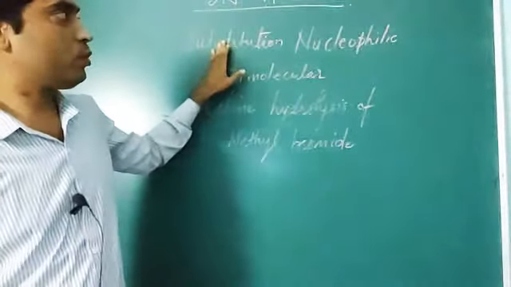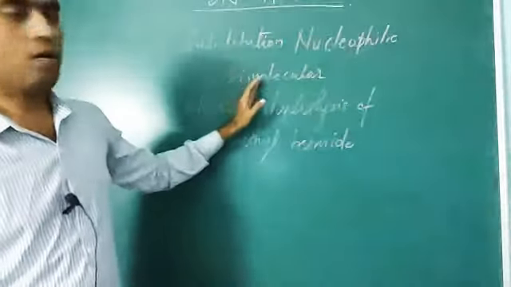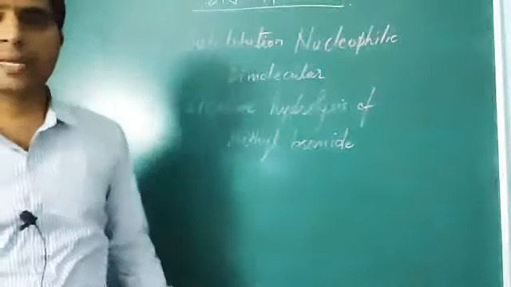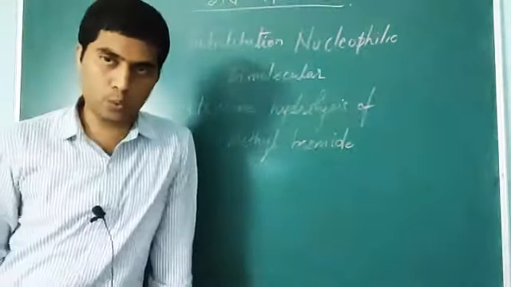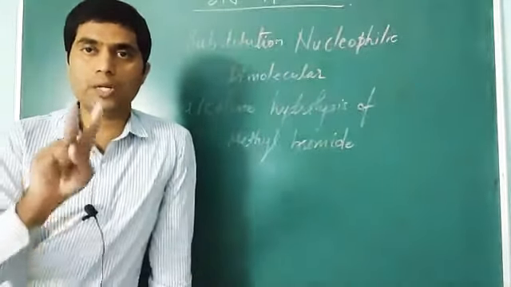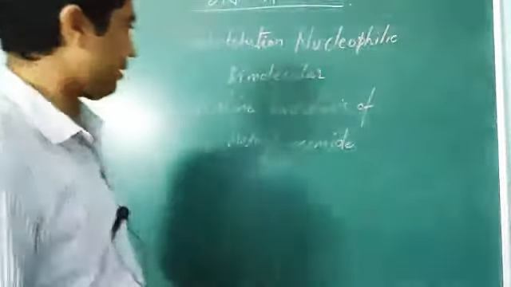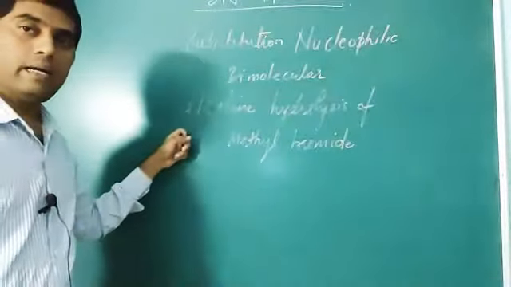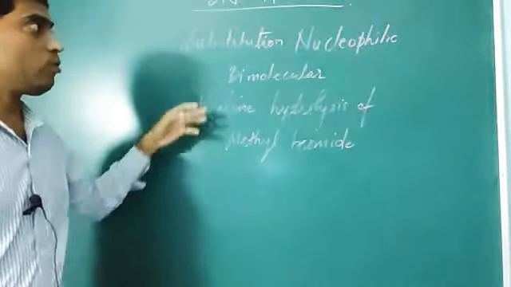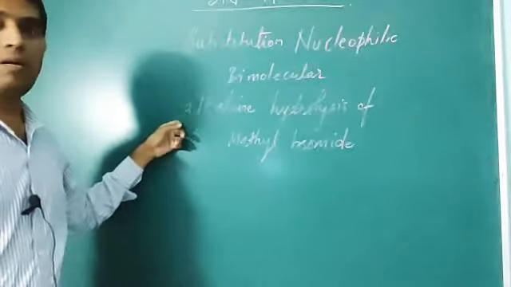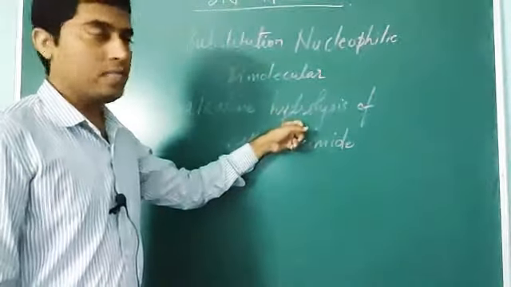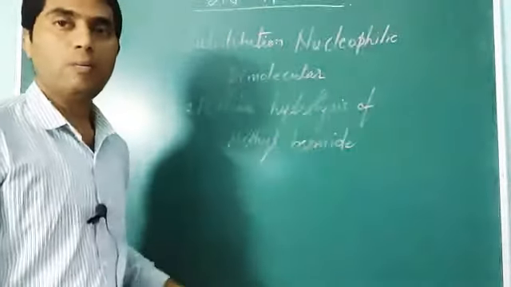Substitution, we know; nucleophile, we know. Now this mechanism is bimolecular. Bimolecular means the order of reaction is 2, because the rate of reaction depends upon the concentration of 2 reactants. A well-known example of the SN2 mechanism is alkaline hydrolysis of methyl bromide.